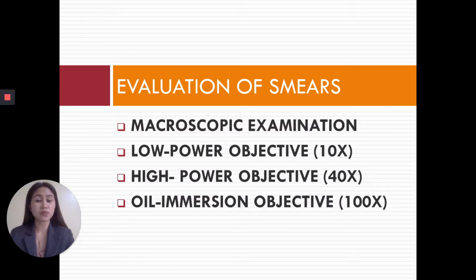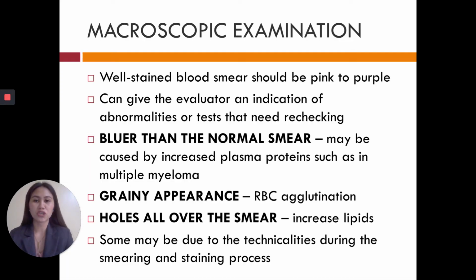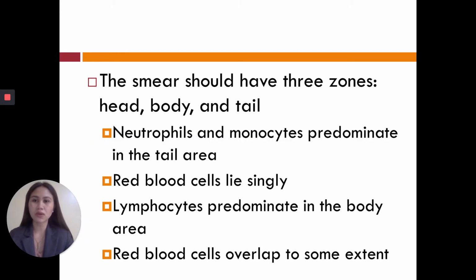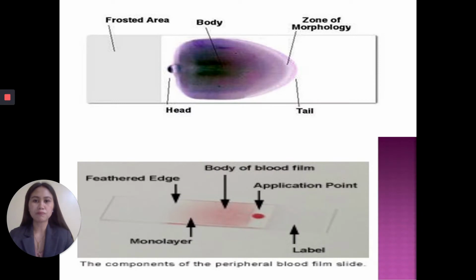Of course, as we all know, we need to evaluate our smears macroscopically and using the low power objective, which has 10 magnification, then the high power objective, which has 40 magnification, and the oil immersion objective, which is 100 in magnification. I think this part has already been discussed in the previous laboratory activities, so I will be moving forward.